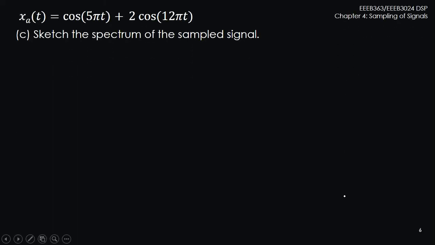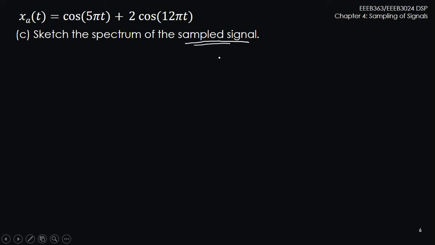Let's move on to part C, which is to sketch the spectrum of the sampled signal. How I'll approach this, just for your understanding, is to sketch the spectrums separately. Because here, unlike before, now we're supposed to sketch the spectrum of the sampled signal.